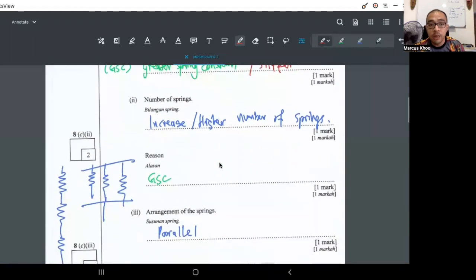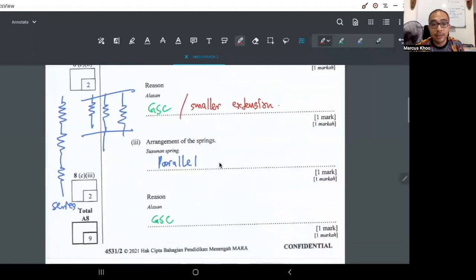For the number of springs, more springs, another possible answer is you will get a smaller extension. The extension will be much smaller. And lastly, arrangement of springs in parallel will actually give it a higher elastic limit.